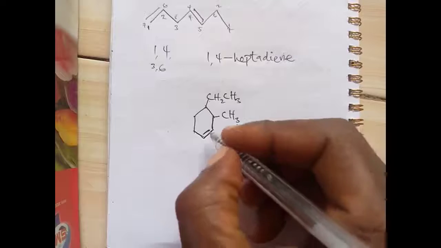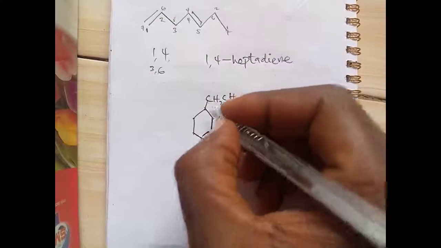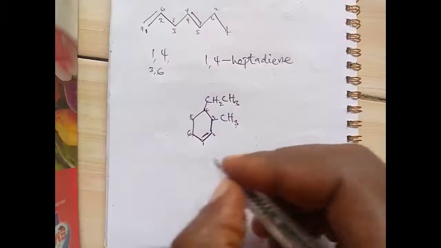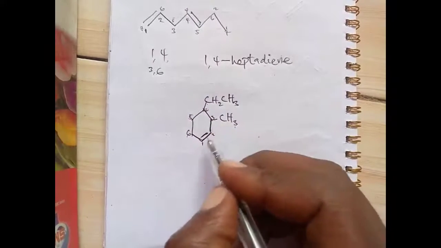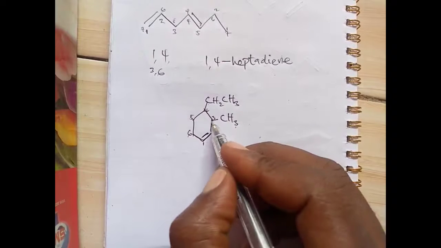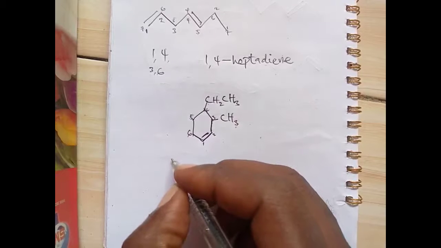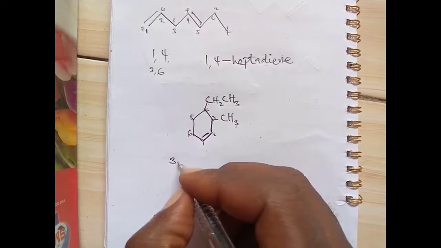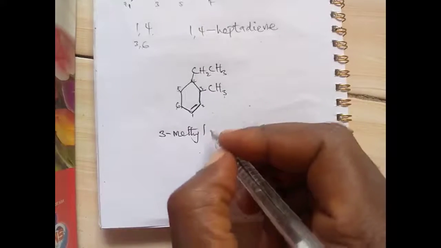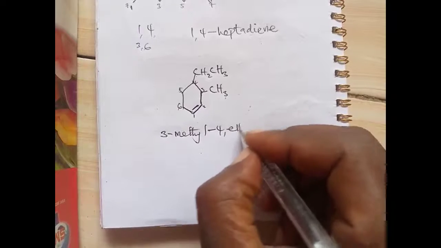Now if we are numbering, we can start from here: 1, 2, 3, 4, 5, and 6. Now we have that at the fourth carbon we have ethyl, at the third we have methyl. Then we can name it as, should we say 3-methyl, 4-ethyl.